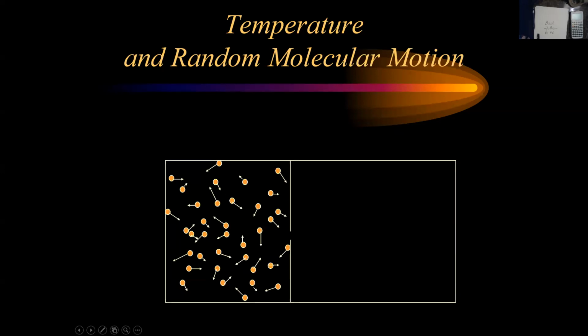Now, let's look at the ones that get out of the hole. The only ones that can get out are the ones that happen to be traveling toward the hole. Of this whole collection, what this experiment has done is sort out particles that are traveling in the same direction. If this were perfectly uniform, all of them coming out at the same exact speed in the same exact direction, then the temperature would be absolute zero.